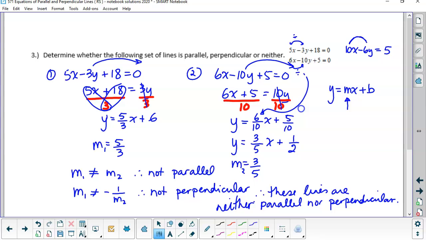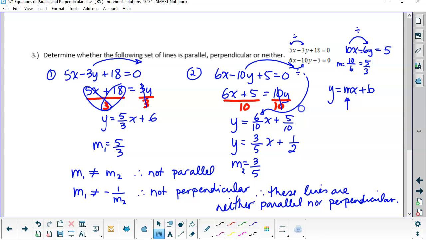Then 10 divided by 6 reduces to 5 divided by 3, 5 over 3. That would be parallel to the first equation. So notice 5x times 2 is 10x, negative 3y times 2 is negative 6y. So basically by inspection, you can tell if they're parallel. And then you can also do that calculation in your head.